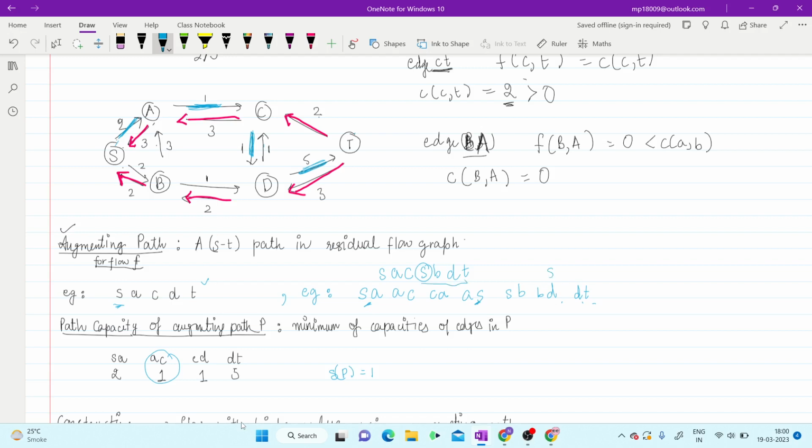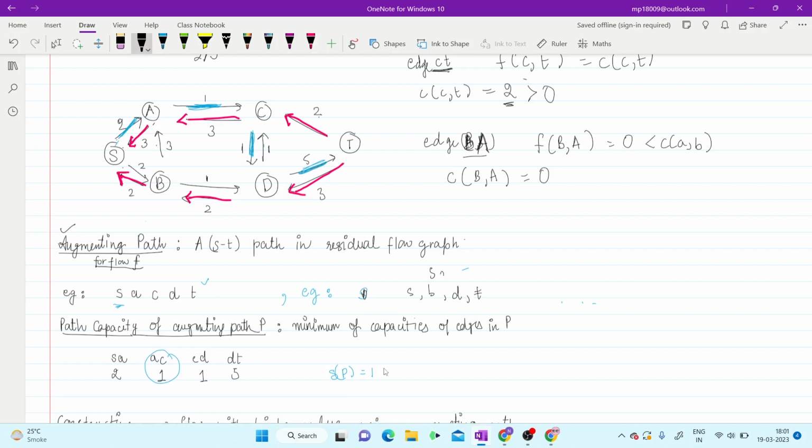So see, this is the path S, B, D, T. No vertex is getting repeated, and it is a path going from S to T. So the other example of an augmenting path is S, B, D, T.